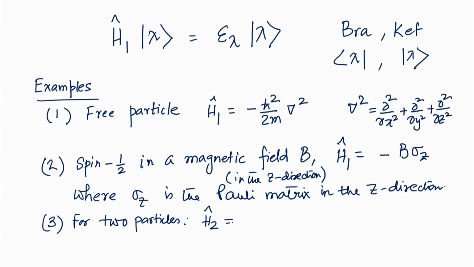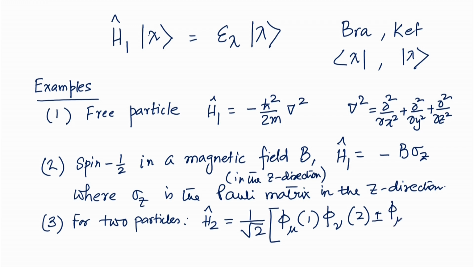We are writing it as 1 over root 2, phi mu at position 1, or you can write it as r1 if you like, and phi nu at 2, plus or minus phi of mu 2 and phi of nu 1.